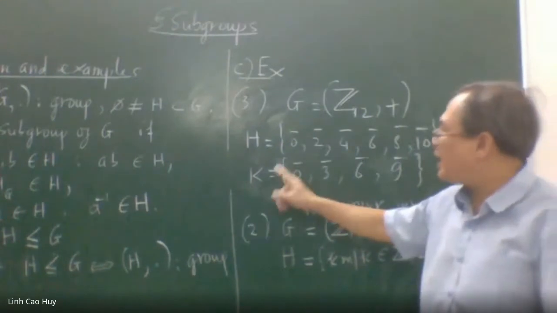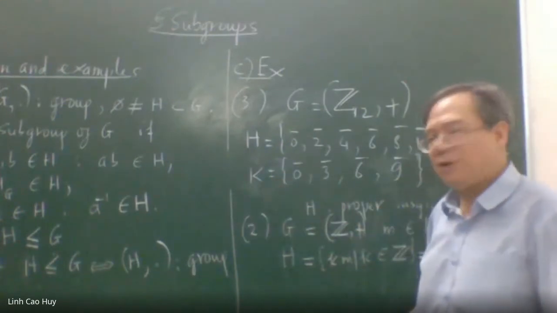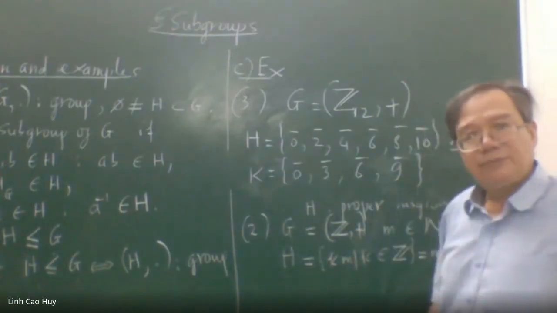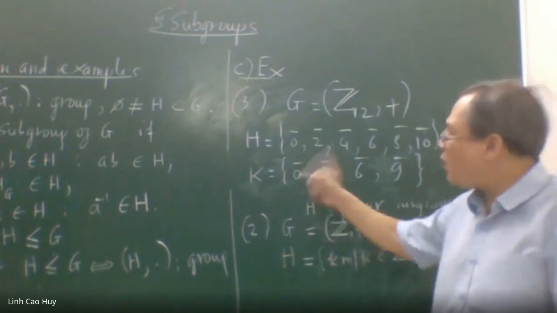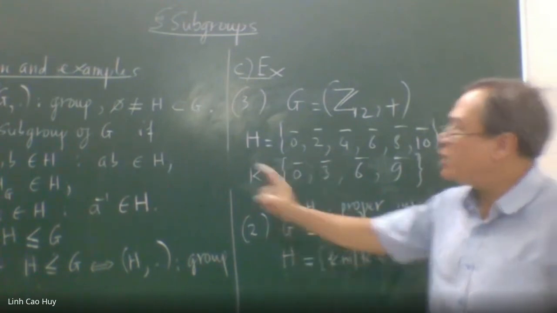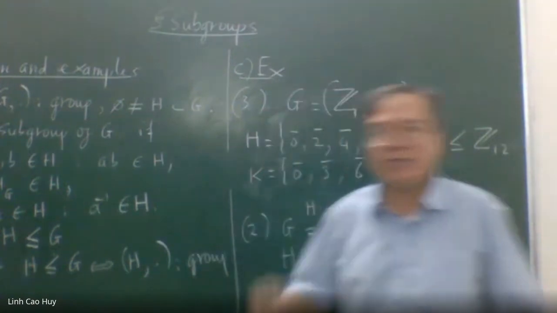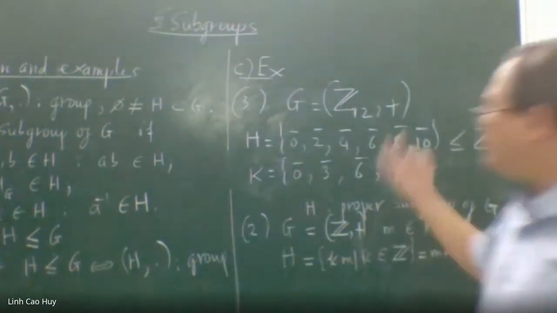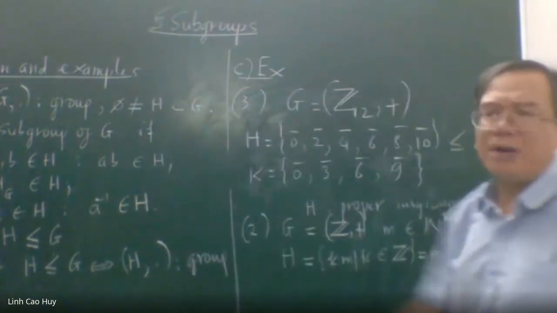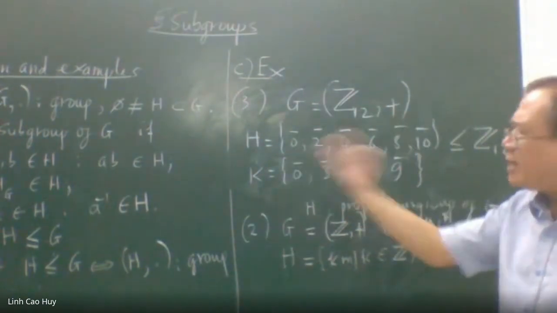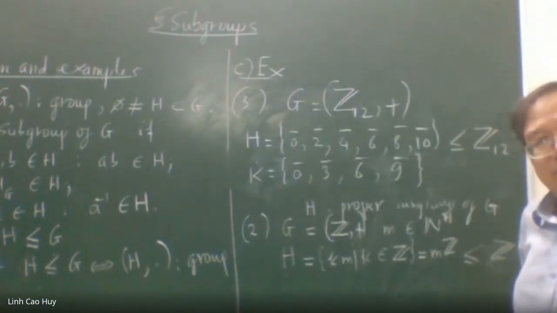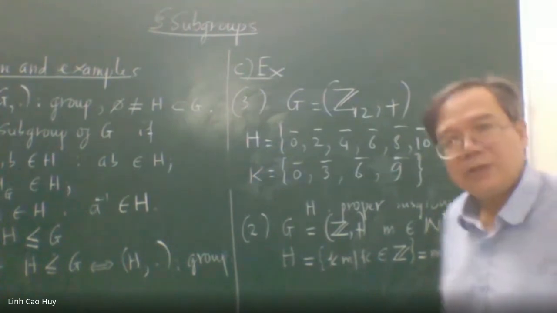If you say K is not a subgroup of Z12, you need to show me which condition is violated. Tức là nó vi phạm điều kiện nào, nó không thỏa mãn điều kiện nào.